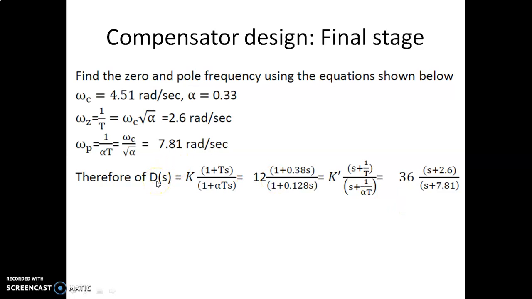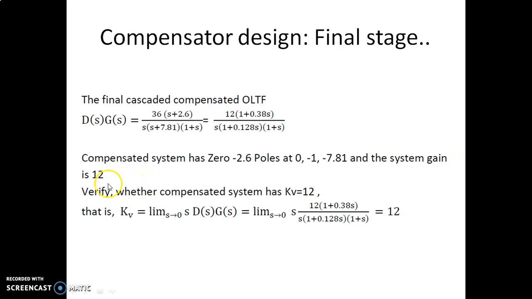We can find out the overall transfer function of the cascaded system, that is D(s) into G(s). This is the overall transfer function of the system. Now it is 12 into this is the zero position, and you have 3 poles here. The poles are at 0, minus 1, minus 7.81, and there is a zero at minus 2.6.